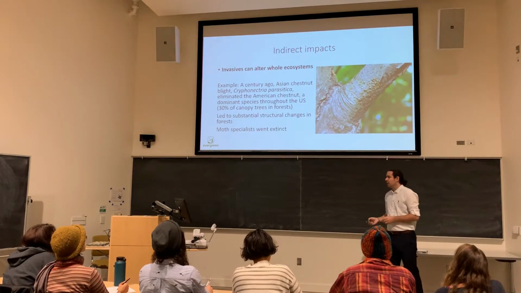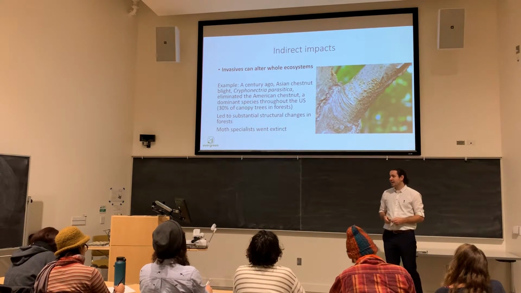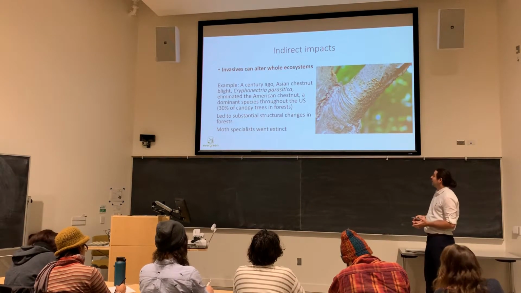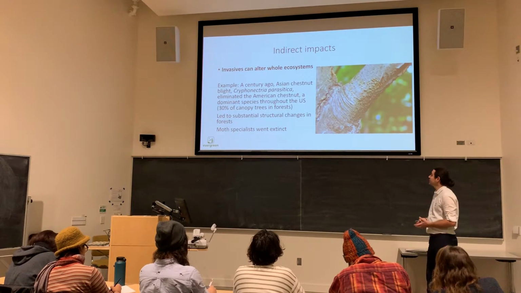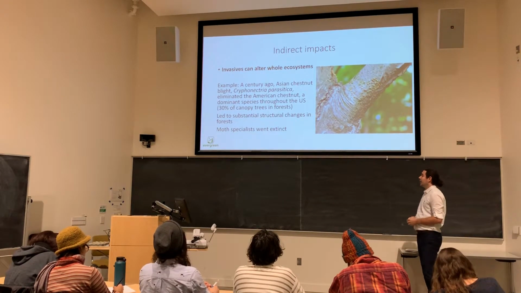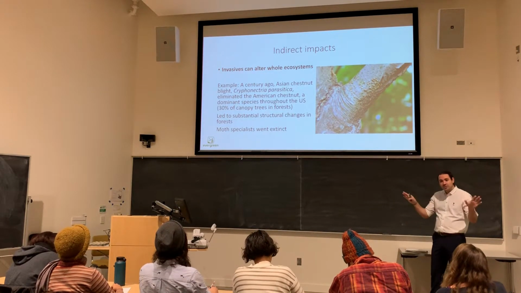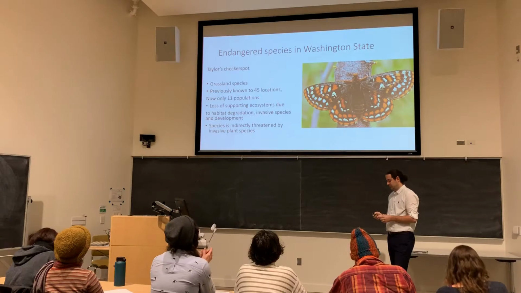Another good example is the Asian chestnut blight that eliminated the American chestnut, which was a dominant canopy species throughout the US, about 30% of it, and that led to total structural changes in those forests.